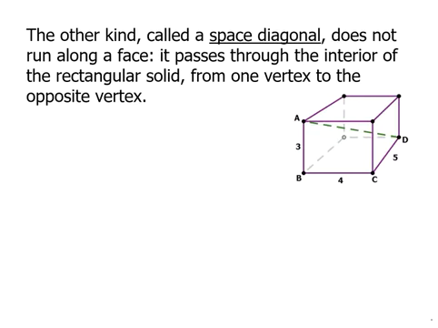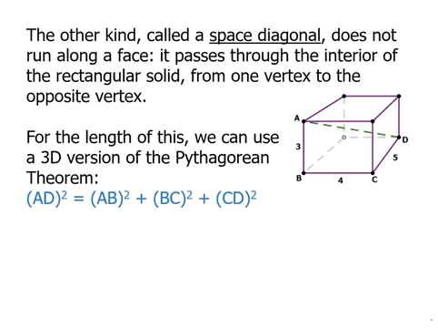They are opposites. So for this, we can use a 3D version of the Pythagorean theorem, where we just square the 3 individual leg lengths, and then that will equal the square of the space diagonal. So here, we're going to add up 9 plus 16 plus 25, so that adds up to 50.